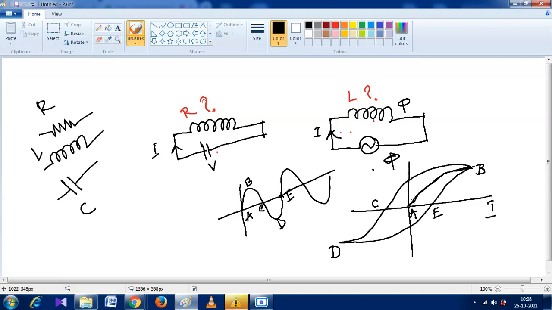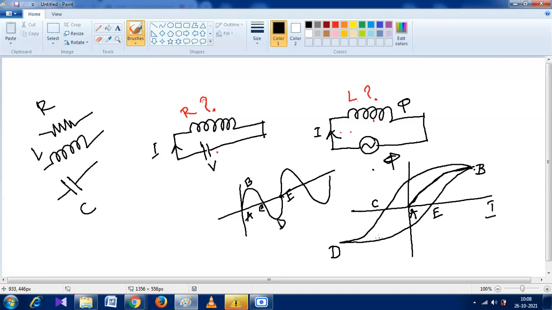From point A, we go to point B, and then to point C. How? We are decreasing the current. After that, we go in the reverse direction, then the peak will come, then we go to the E position, and the process continues.